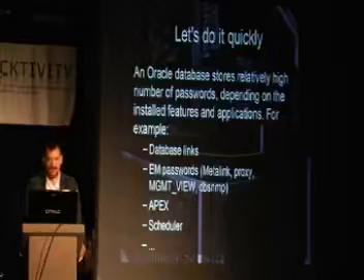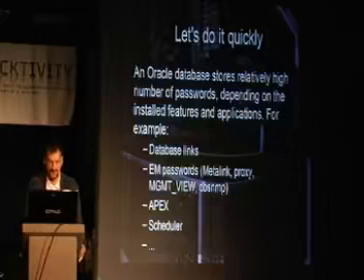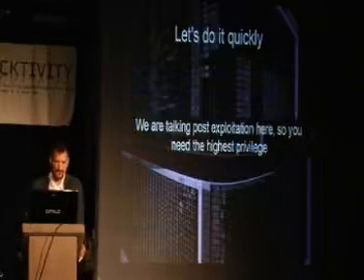The EM passwords, Metalink is also encrypted, which is a username and password to Oracle's website. Here you can set a web proxy password or some database user passwords, and Apex is also encrypted. The remote job scheduler stores passwords here, for instance.